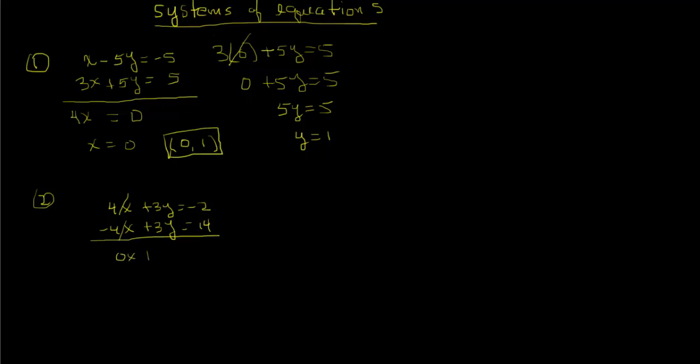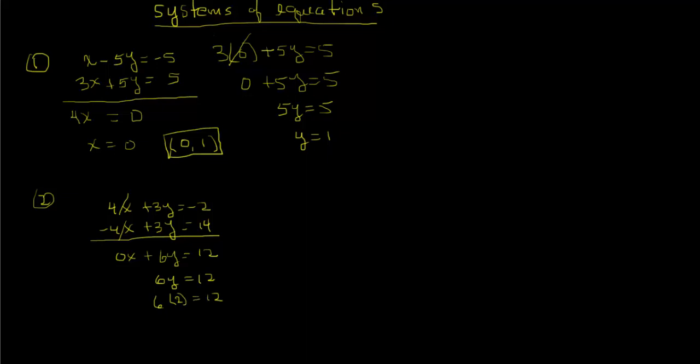And the y's will give us 3 plus 3 is 6y. And this will give us a positive 12. 0x is just 0. 0 plus 6y is just 6y equals 12. And 6 times a number gives you 12, and that happens to be 2, right?